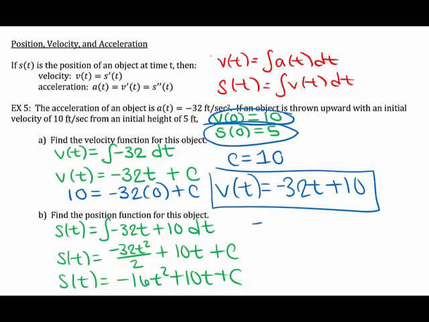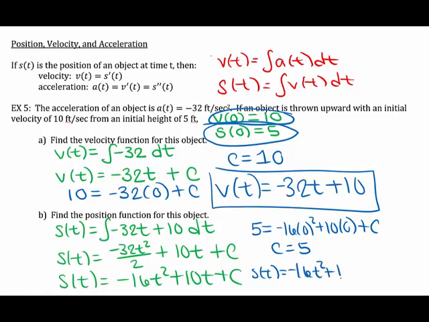We know that if t is 0, s has to equal 5. If I plug in 5 for the output and 0 for the t's, that'll actually allow me to solve for c. That tells me that the constant actually has to be 5 here. And so my position function is negative 16t squared plus 10t plus 5.